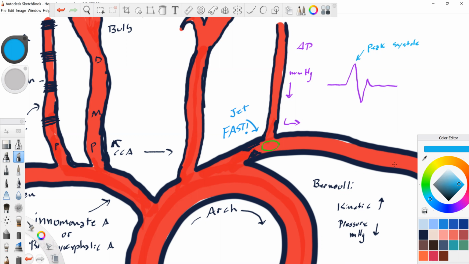All right, so like I said, we normally think of that as peak systole, but in this case, what's going on is the velocity is increasing during systole. It increases to a certain point where the velocity is such that the pressure has dropped, and then there's a very fast reversal of flow.